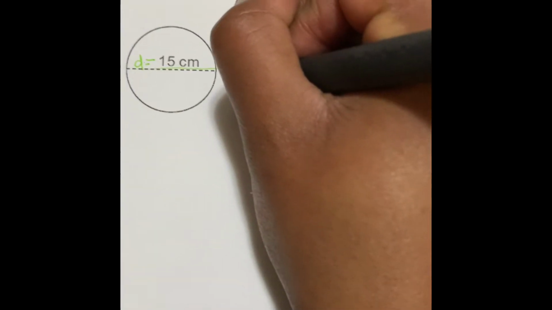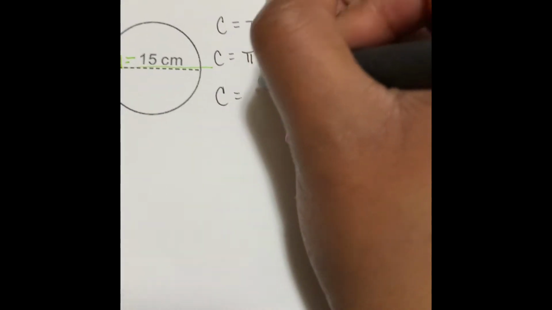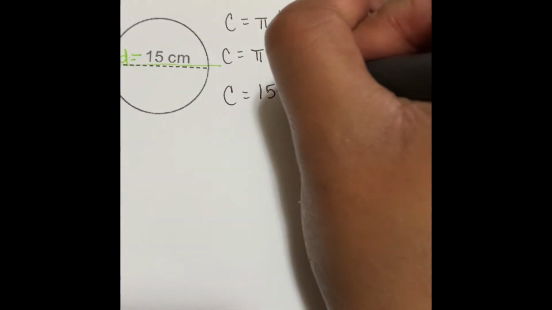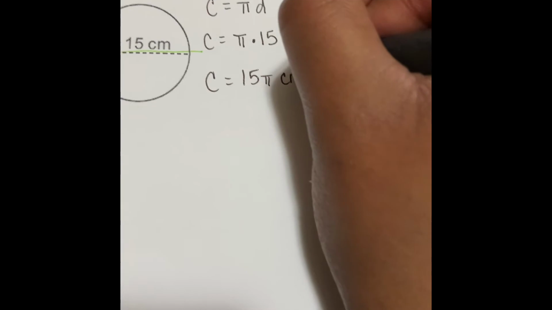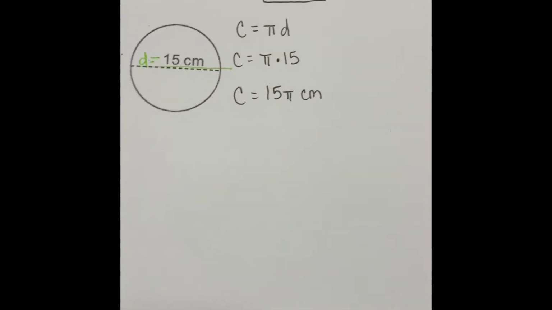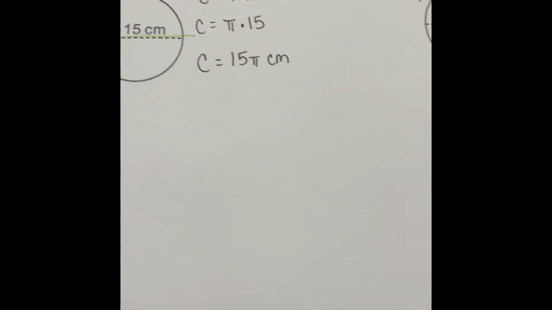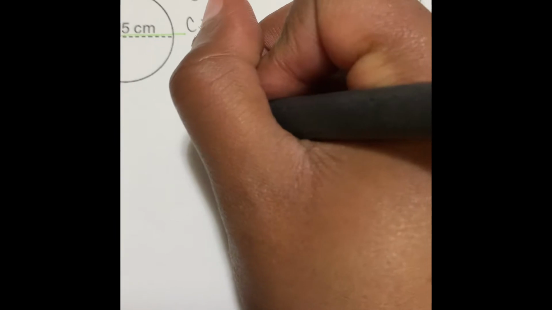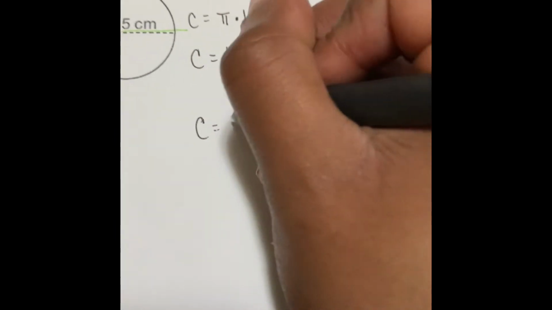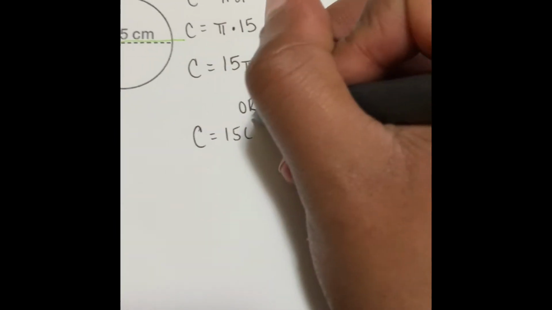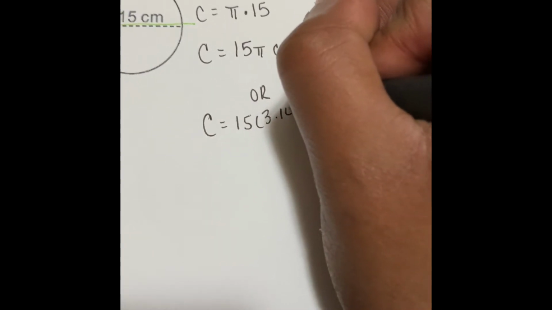So I can say circumference is equal to 15 pi centimeters because I use my units that is given in the circle. So you can write it this way, or you can type it in your calculator, which is C is equal to 15 times 3.14.